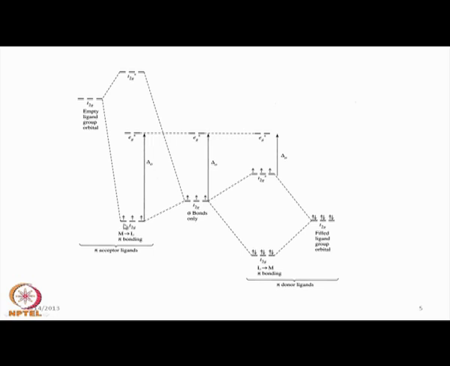But when it is acceptance type, the T2G level is bonding type and the EG level is antibonding type, and we will be increasing the corresponding energy gap compared to only sigma bonding interactions. So, basically pi bonding interactions can move the corresponding gap from left to right. In one case it can decrease the gap, and in the other case it can increase the corresponding splitting gap.